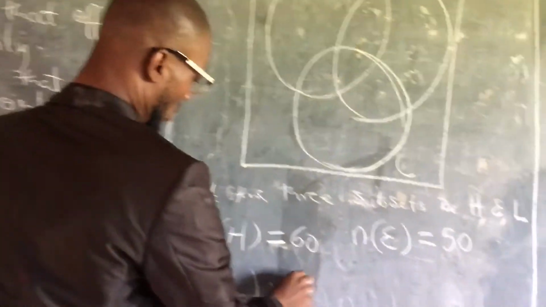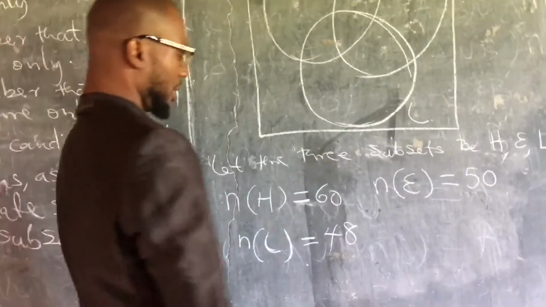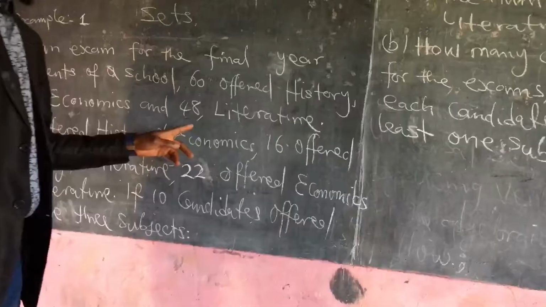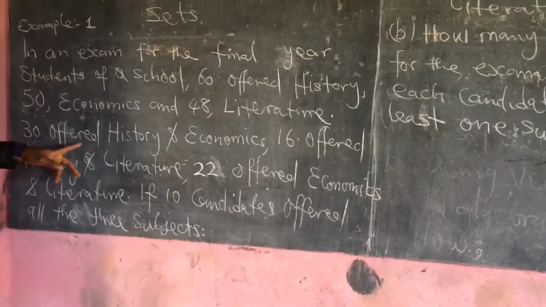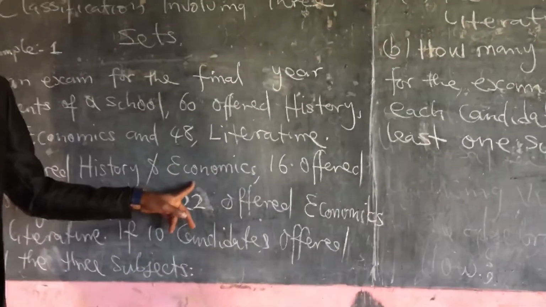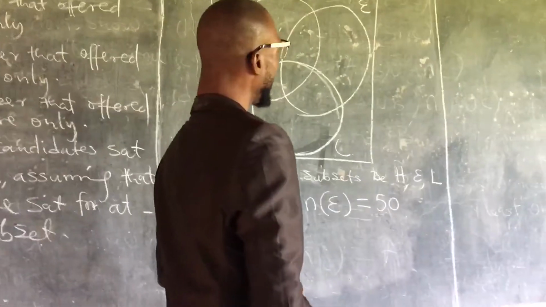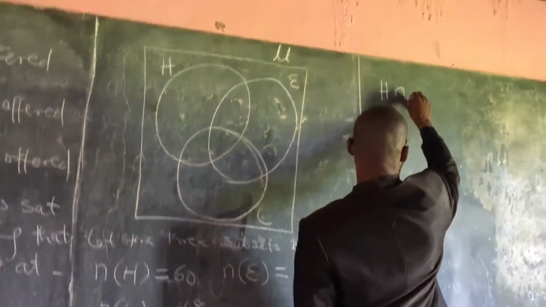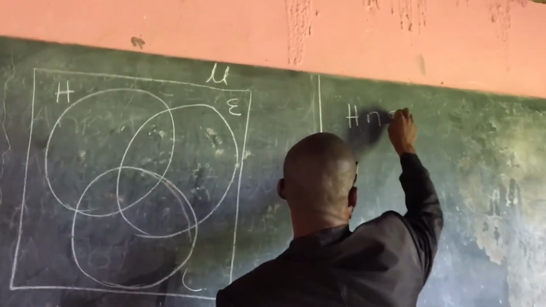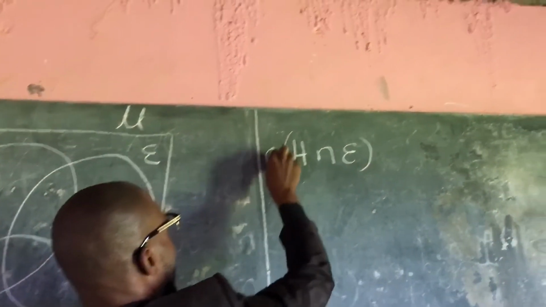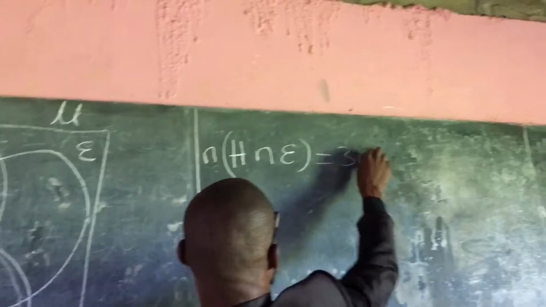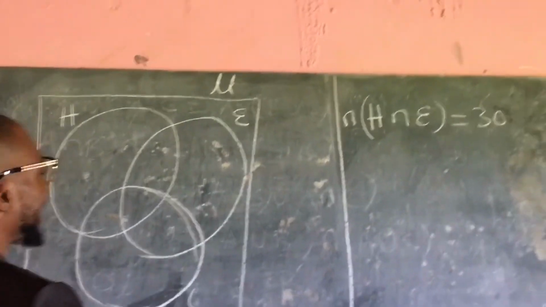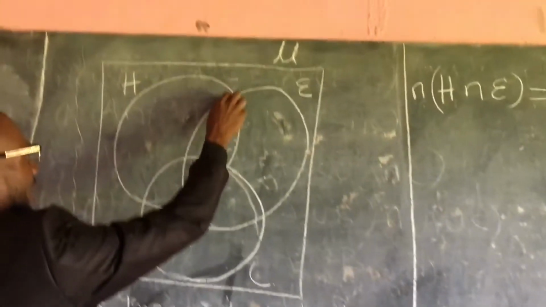So 48 means everything inside this circle is 48. Then they tell us that 30 offered history and economics. What that means is that H intersect E has a cardinality of 30. So what does this side represent? This side represents everything here.